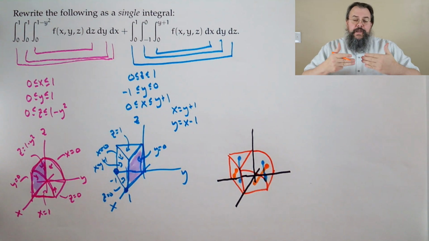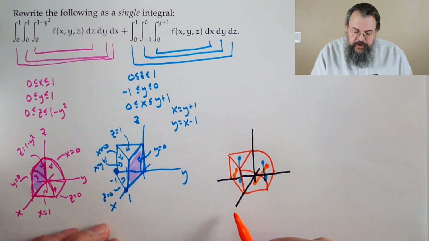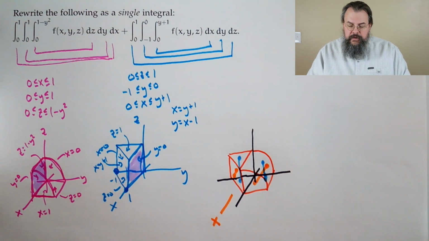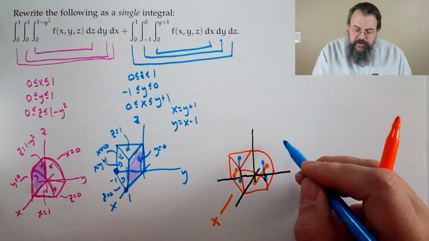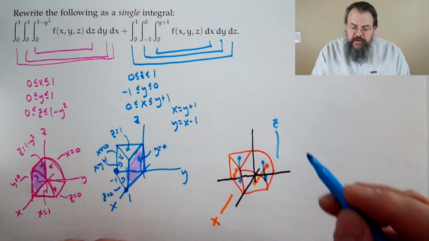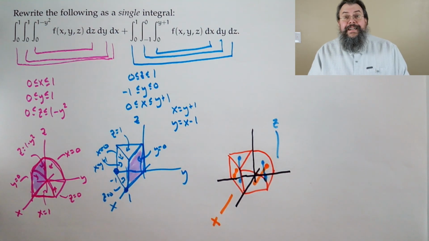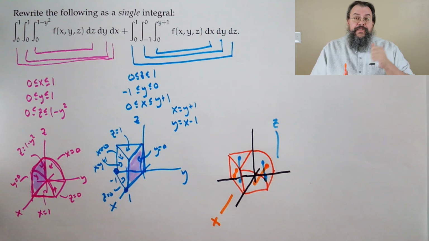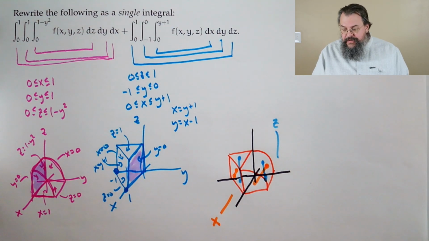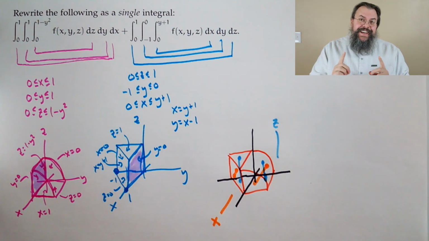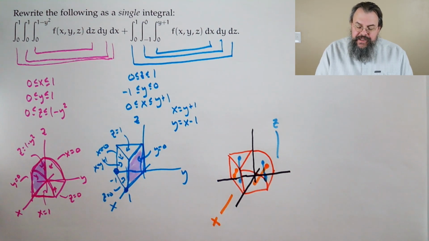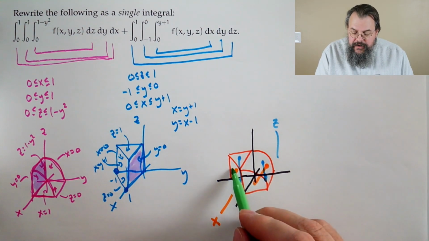So when we integrate with respect to x, we're moving in the x direction. And here, with respect to z, we move in the z direction. We get inconsistencies. We see different surfaces. So it can't be that the inside integral is with respect to x, which means by process of elimination, we should make the inside integral be with respect to y.